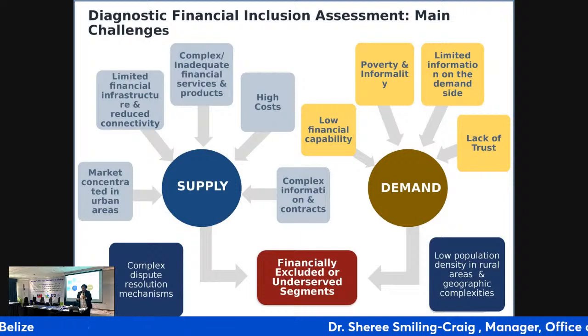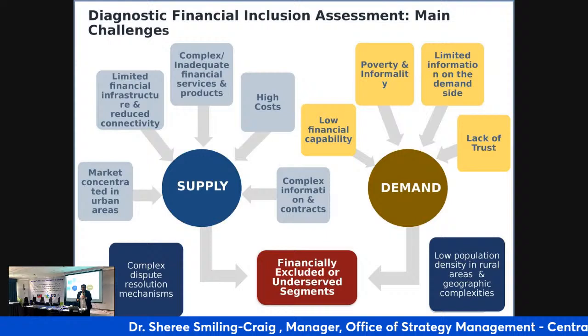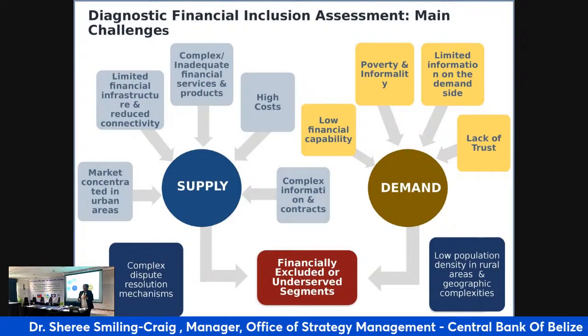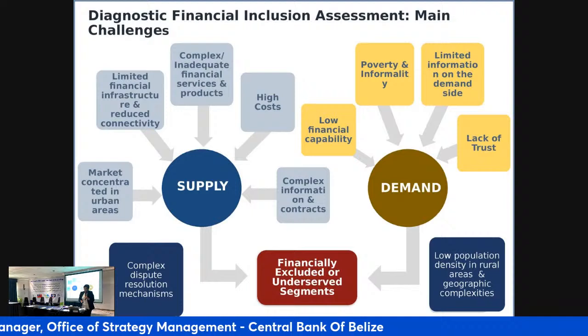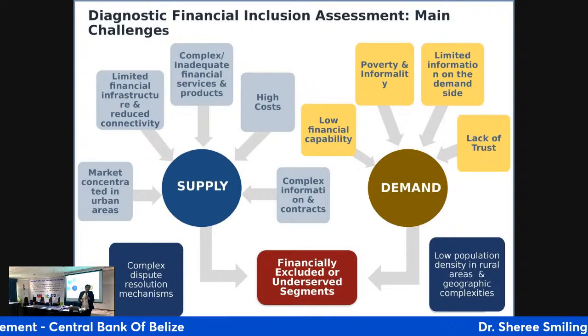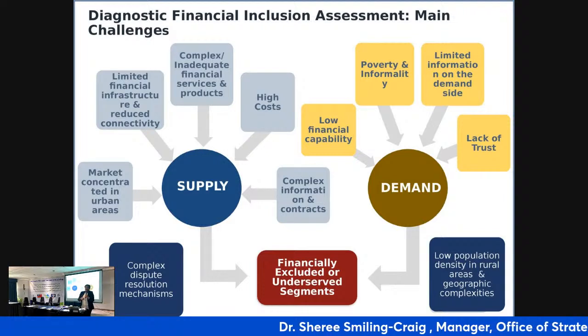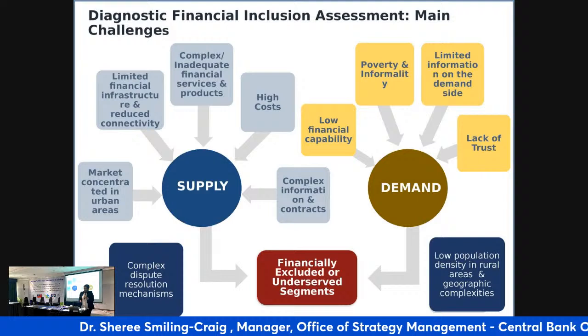And of course, high cost was cited as one of the reasons. From the products and services that were available, the cost was difficult for persons to bear. And then there are always these contracts and the fine print that you need to sign. So from the supply side, we saw those as challenges.